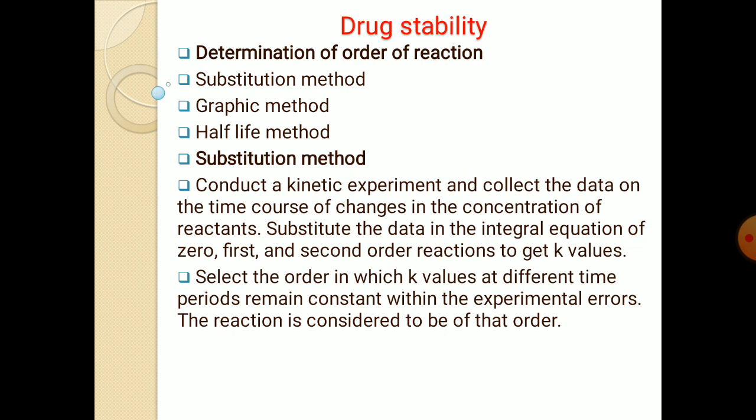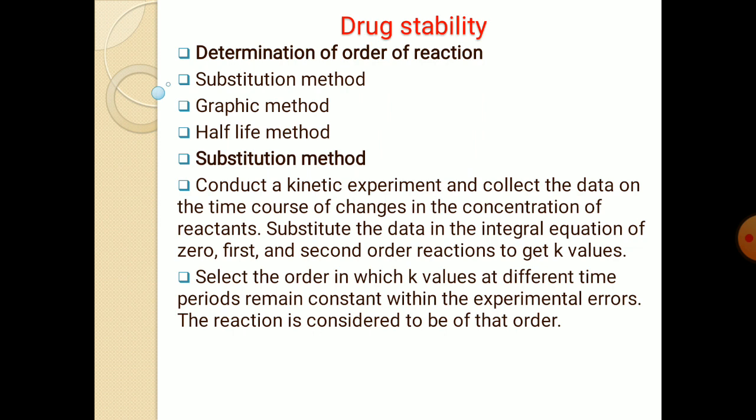Once you have determined the k value, that is the reaction rate constant, just observe in which case, whether zero order, first order or second order, you are getting the k values constant. The values of k should be constant. The order in which you get a constant k value, the reaction is considered to be of that order.